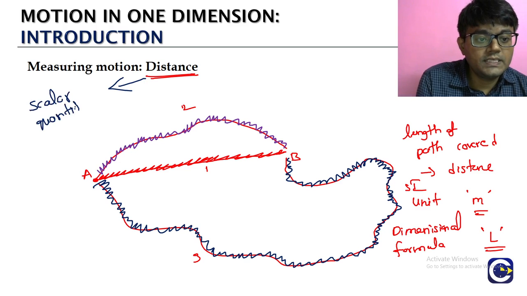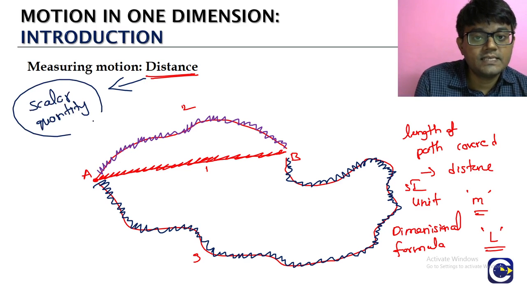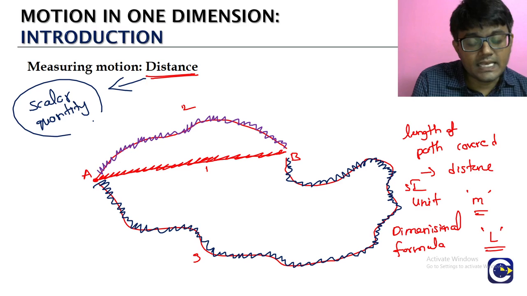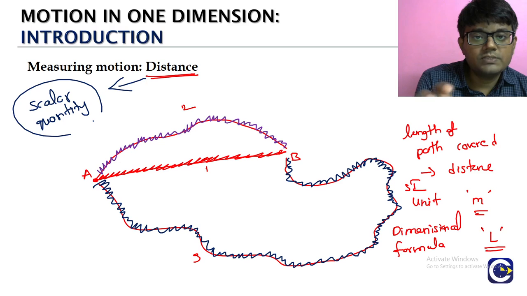So distance is a scalar quantity because we can express it just by the value, like 20 meters, 15 centimeters. We don't need to express the direction part.